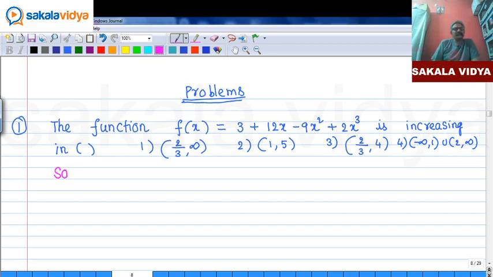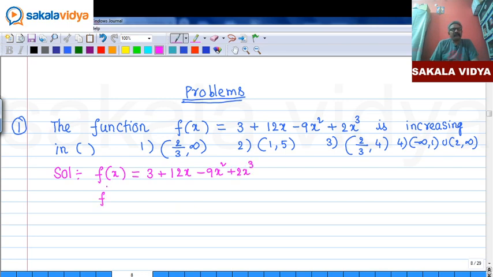Solution: here function is f of x equals 3 plus 12x minus 9x square plus 2x cube.